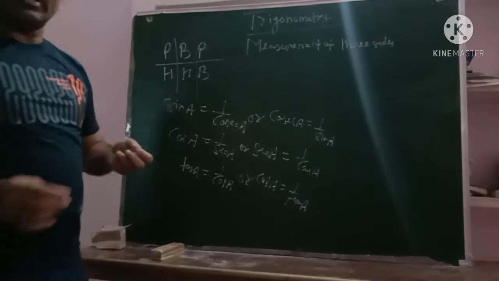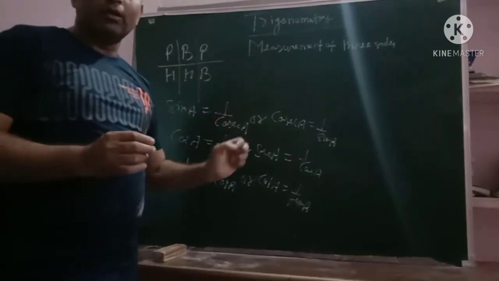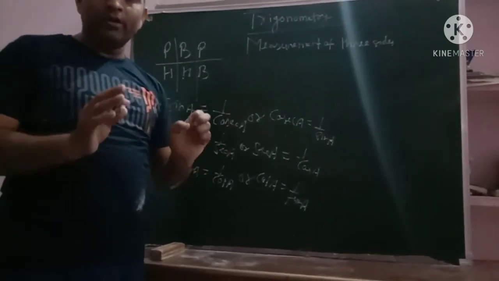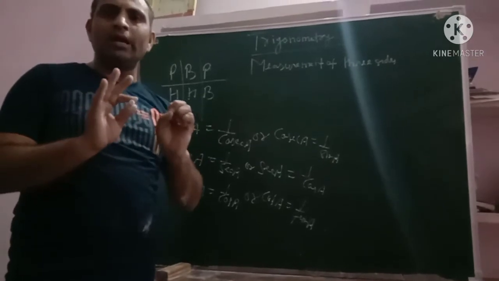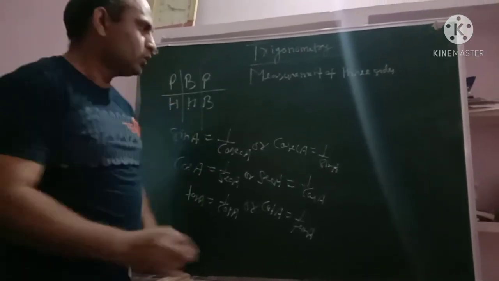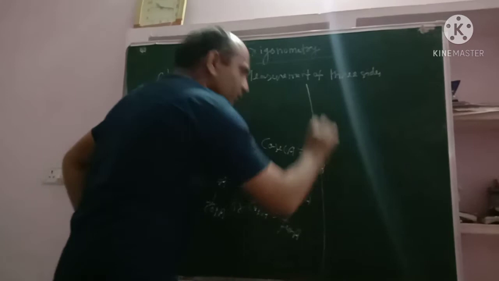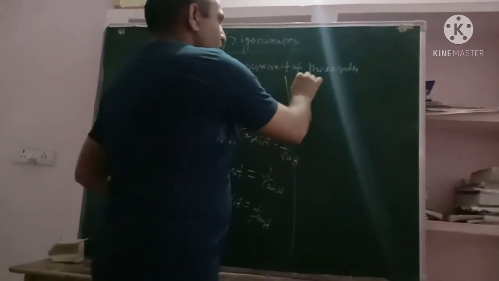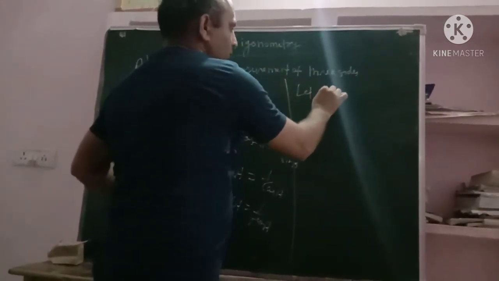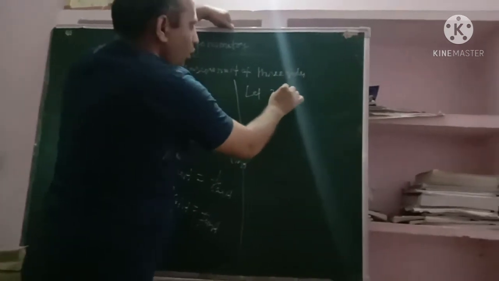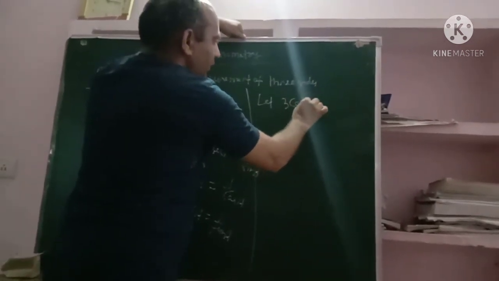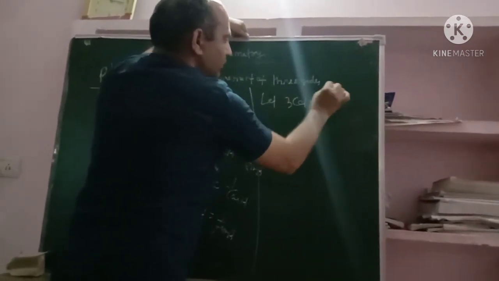Now, how can we find the different trigonometry ratios when we are given any one trigonometry ratio? Let us take an example: let 3 cot A is equal to 8.